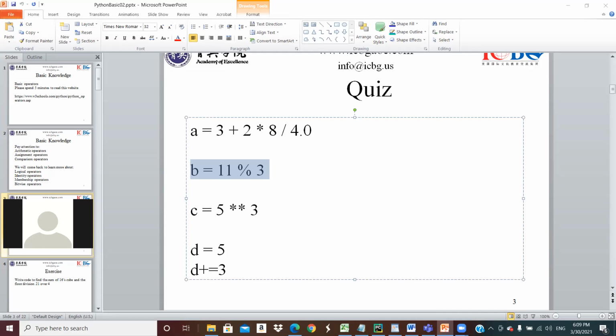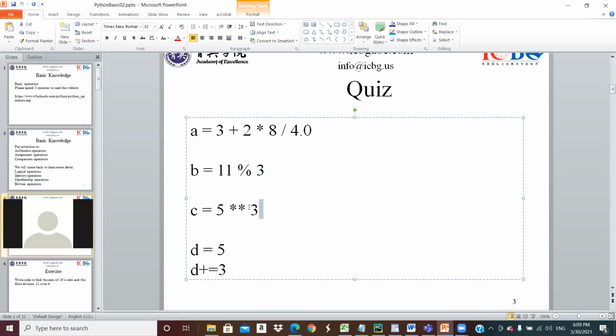So 5 modulus 3, you get a 2. Good. So B is 2, because that's the modulus value. What is left after the division?